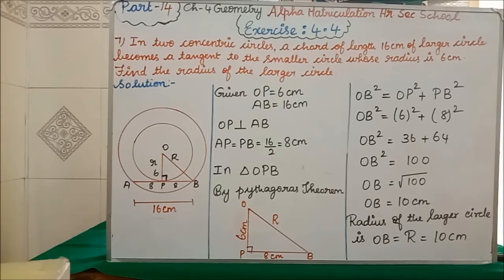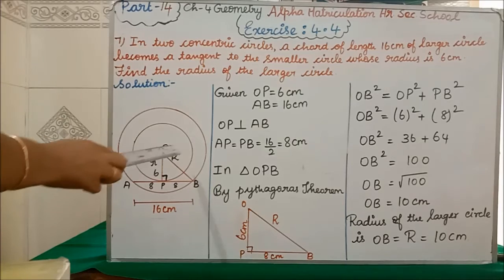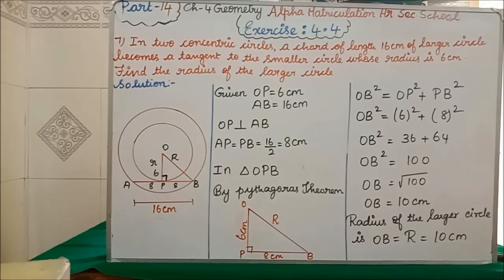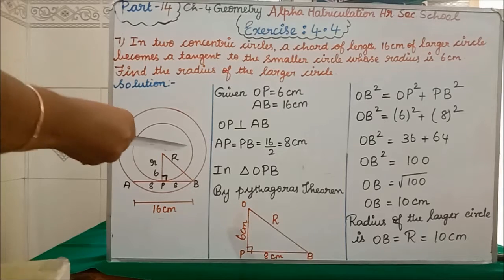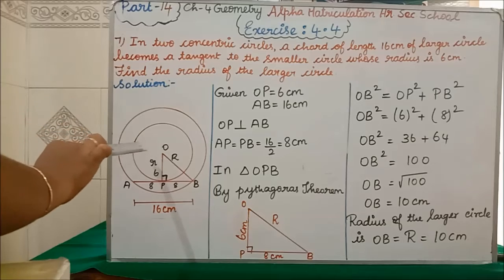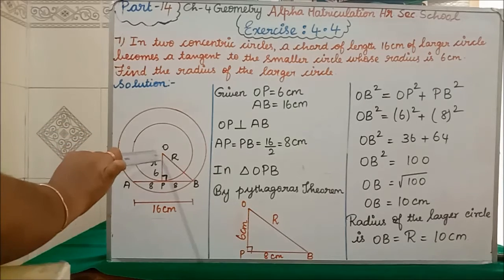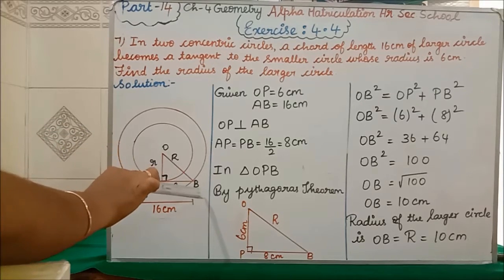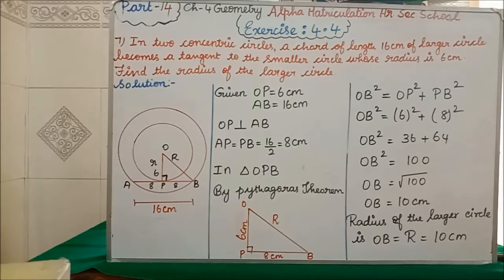Clear all of you? They have given the smallest circle radius as 6 centimeter. But they are asking us to find the largest circle radius, which means capital R we have to find. Okay, see, the smaller circle from here to here I have drawn. The larger circle means from here, and it is touching the largest circle outside.